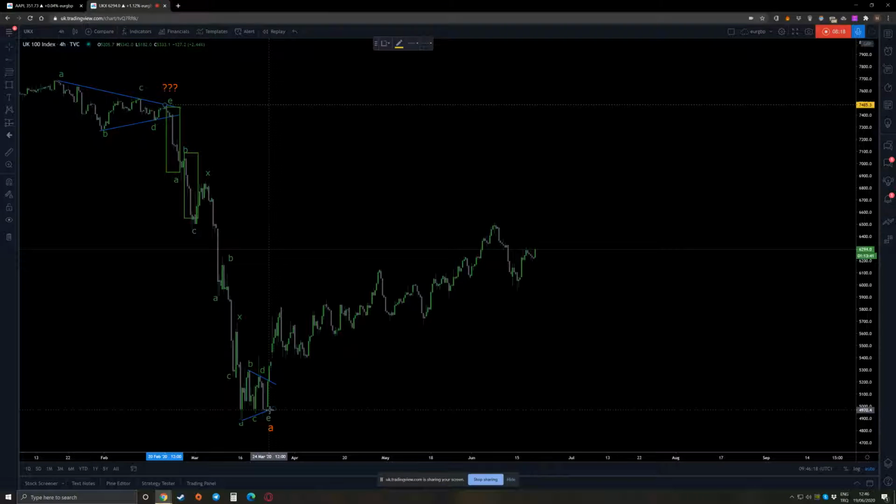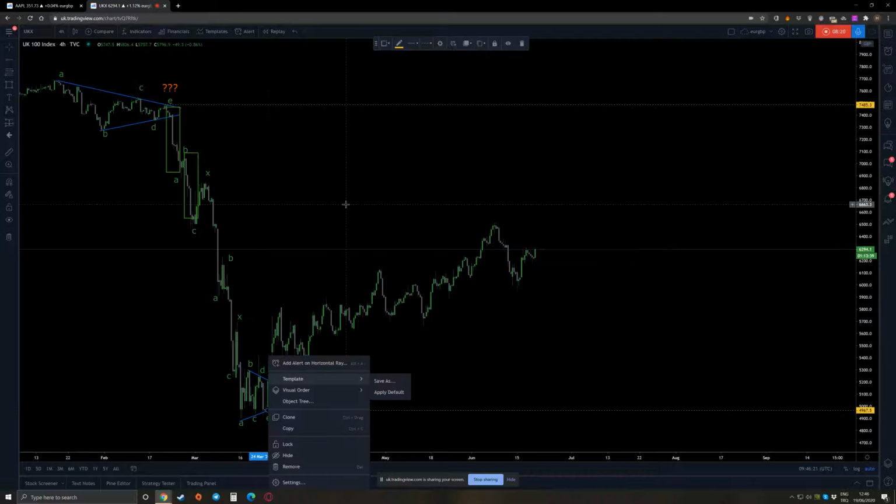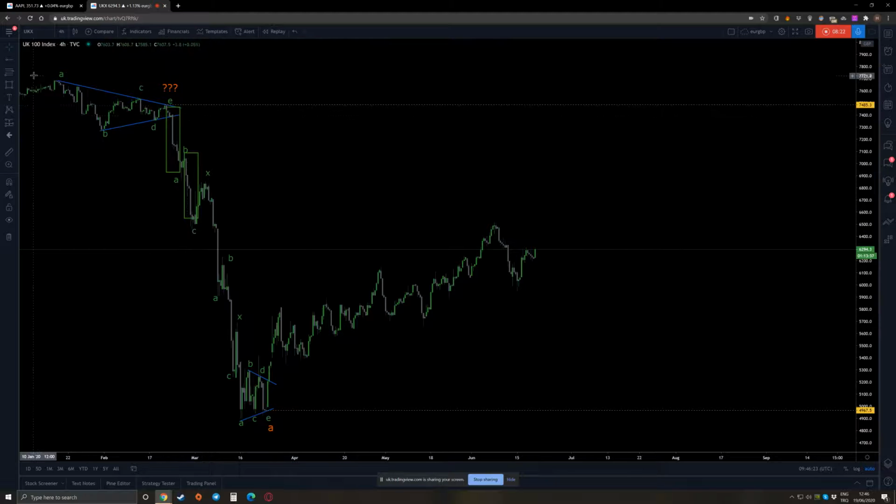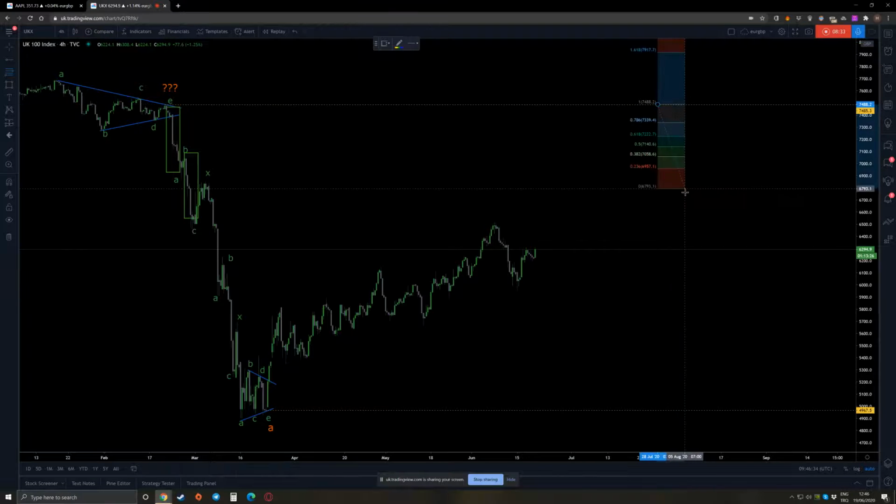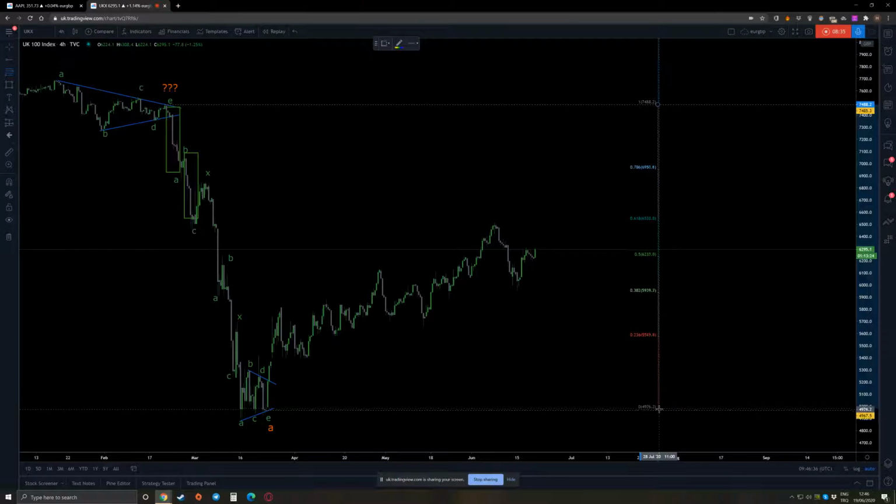So this is why I'm going to measure not from the top, not from the bottom, but from where the wave has started and where the wave ends. This is how to use fib levels if you're dealing with Elliott waves.